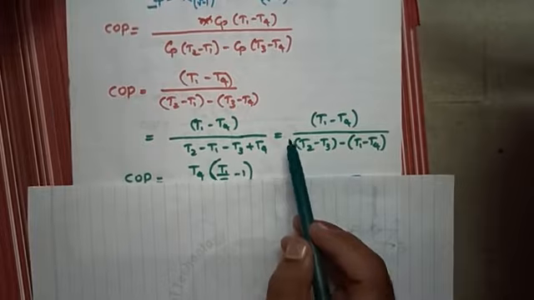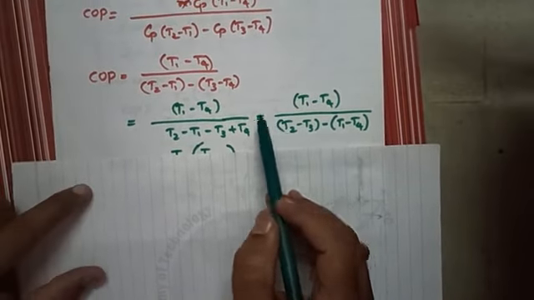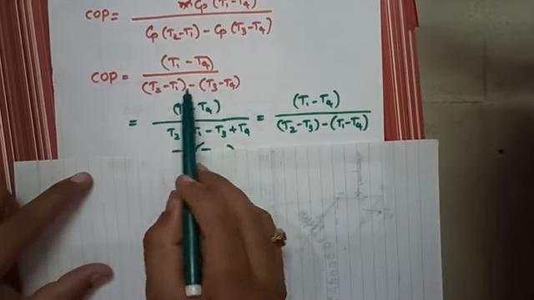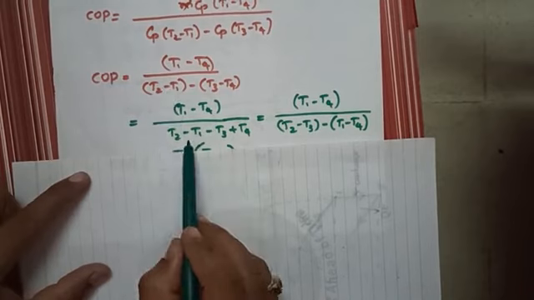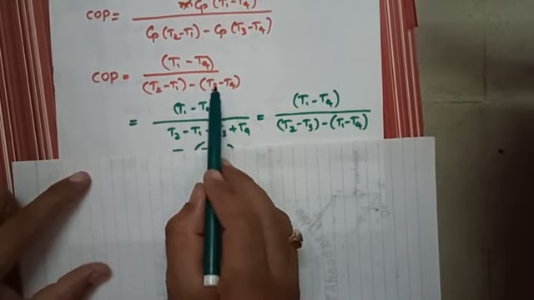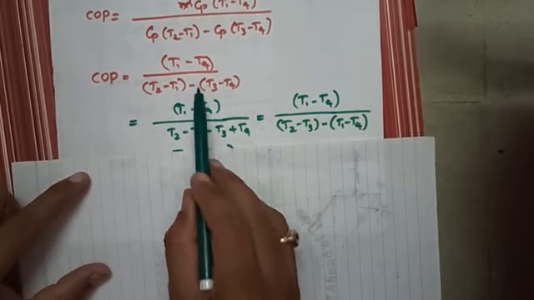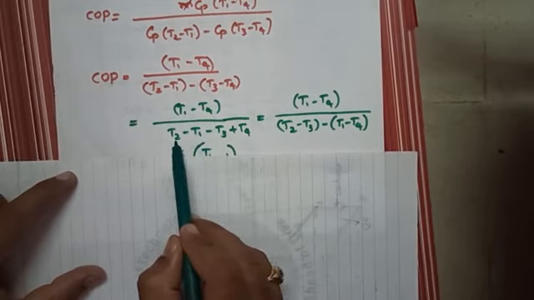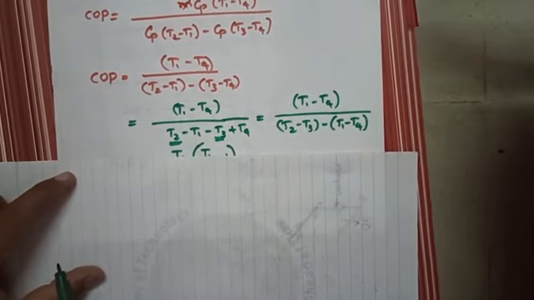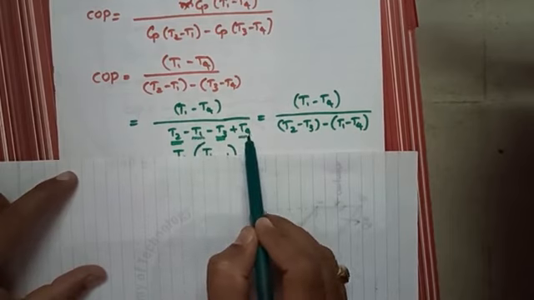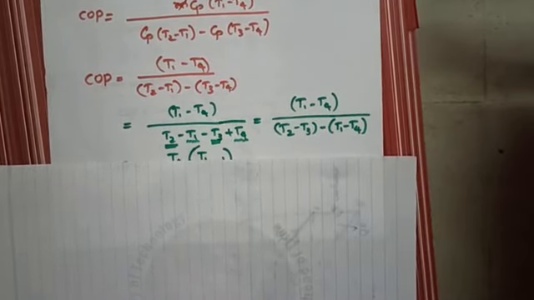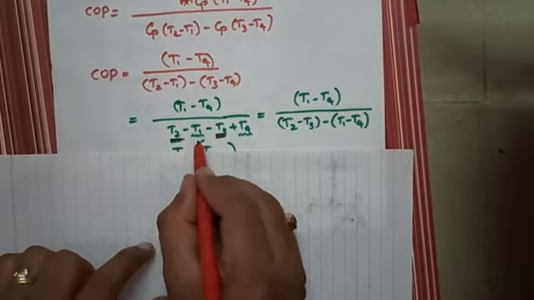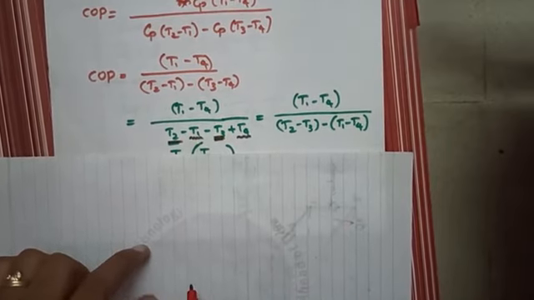So now some simple mathematical manipulation. T1 minus T4 as it is I have taken. Dear students, here I will change the equations slightly. T2 minus T1 as it is, multiply the minus with these two terms: minus T3, minus into minus, plus T4. Here I will categorize these two terms as one group and these two as another group.